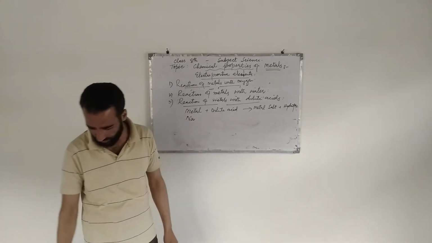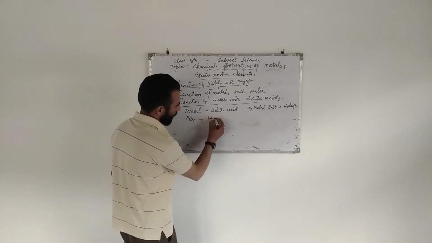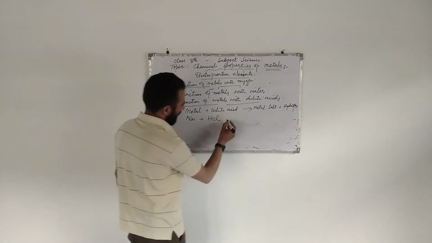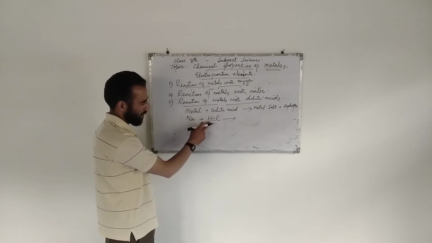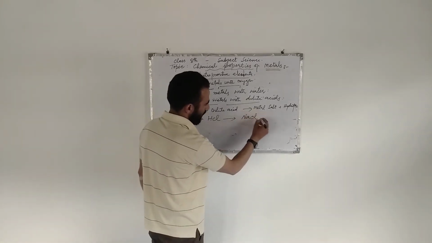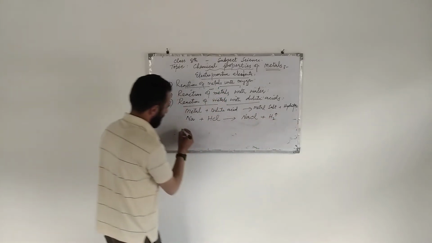Sodium is a metal. When it combines with HCl, dilute hydrochloric acid, it replaces hydrogen and forms the common salt, sodium chloride, plus hydrogen gas.